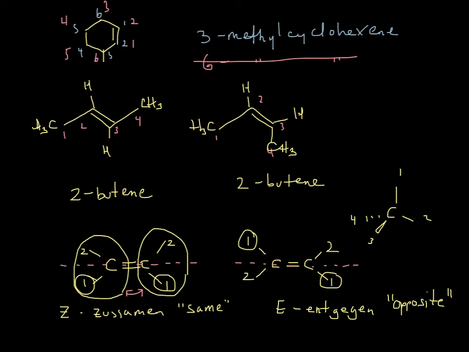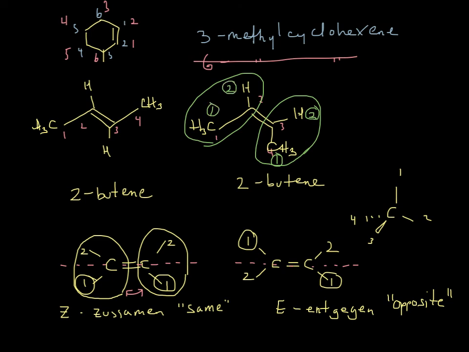Okay, so what we want to do is take each of those sides. So we'll look at what is effectively the right side. We will rank a C versus an H. A C would be our number 1, the H would be our number 2. Then we're going to look at the other carbon, and our C would still be number 1, and our H would still be number 2.